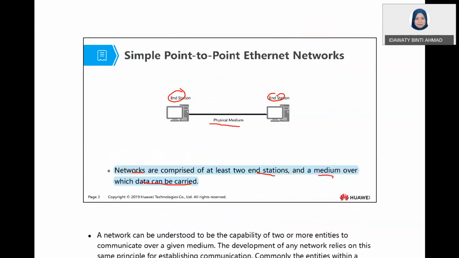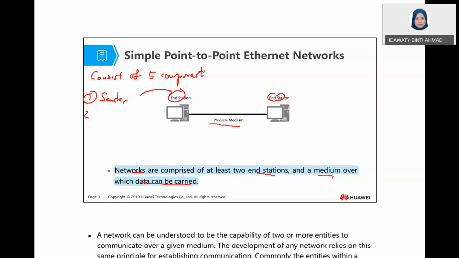But when you learn in datacom, a network actually consists of five components. To be specific, number one, the sender. In this case, the end station is a sender.